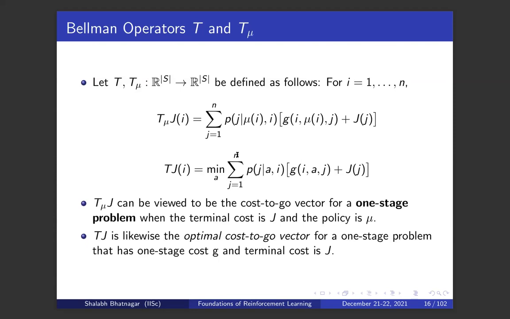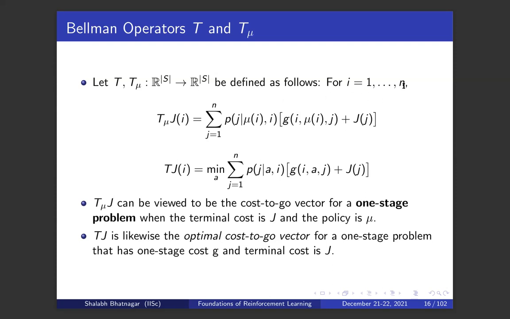So we describe a couple of operators. Let's call them T and T mu. These are operators that map R power mod S to itself. Think of this as the set of all functions from the state space to the real line. If you input any function from the state space to the real line, what you get as output is again a function from the state space to the real line. These are obtained in this manner.